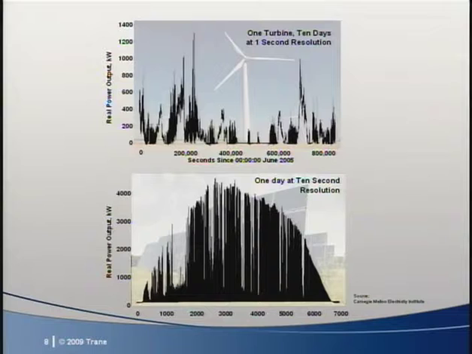To understand why storage is important, it's helpful to look at data from 2 different forms of green power. These charts are from a Carnegie Mellon Electricity Institute study. They show the power spectrum of wind energy generation over a 10-day period and solar power generation over a 12-hour daylight period. Notice that in both cases, on a daily basis and on an hourly basis, the energy produced varies greatly and is not a function of the load requirement.